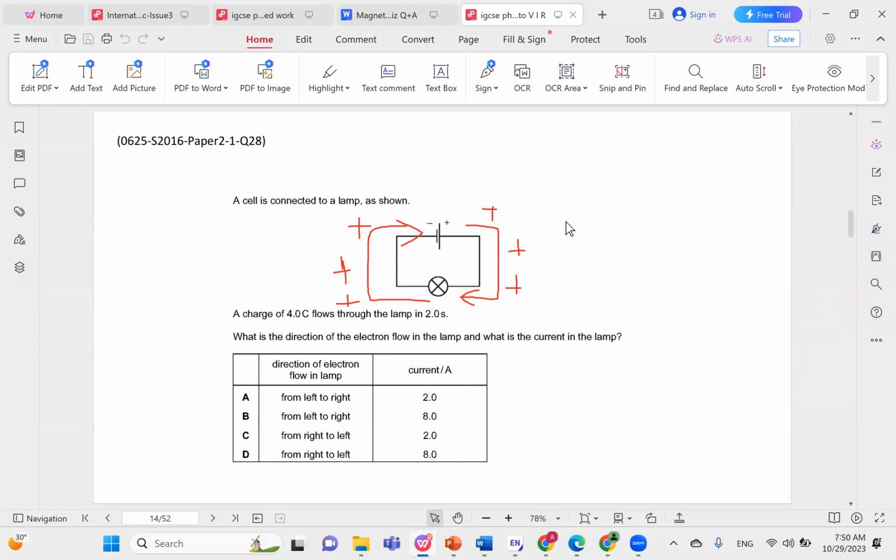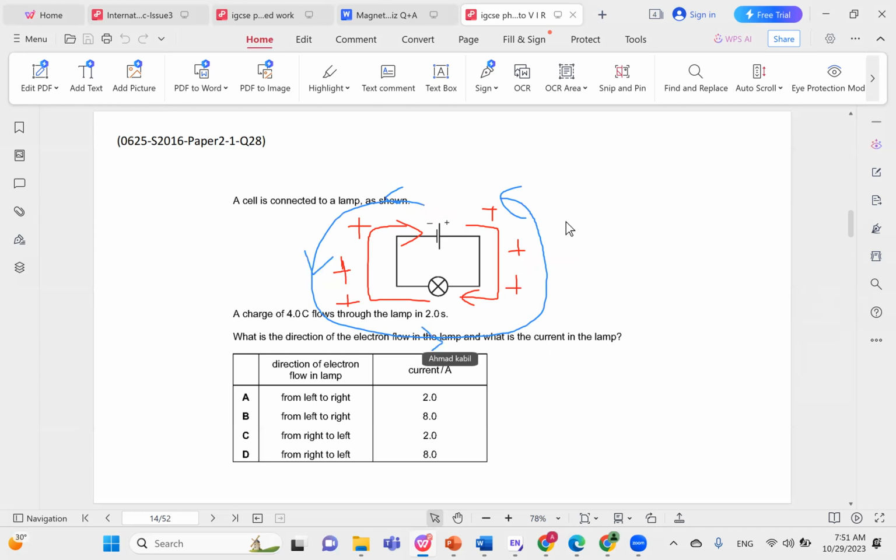Again, to summarize, conventional current means that we assume that a positive current moves from the positive terminal to the negative terminal. And this is what we use to analyze our circuit. However, in reality, electrons flow from the negative to the positive. So the blue is what happens in reality.